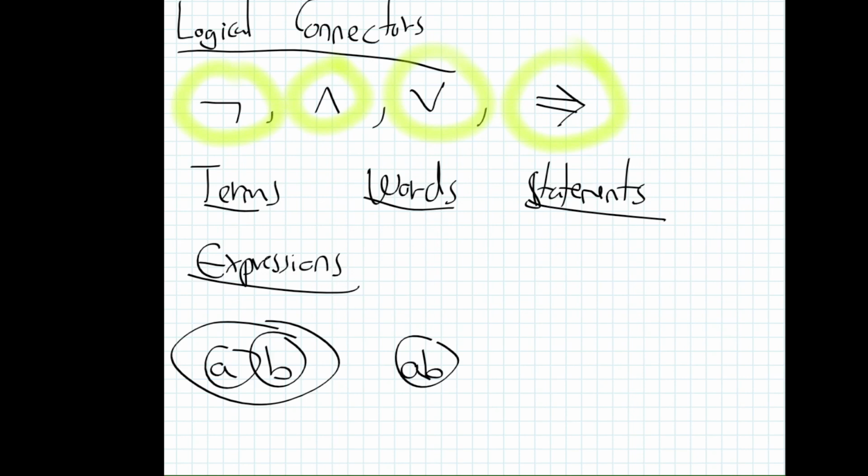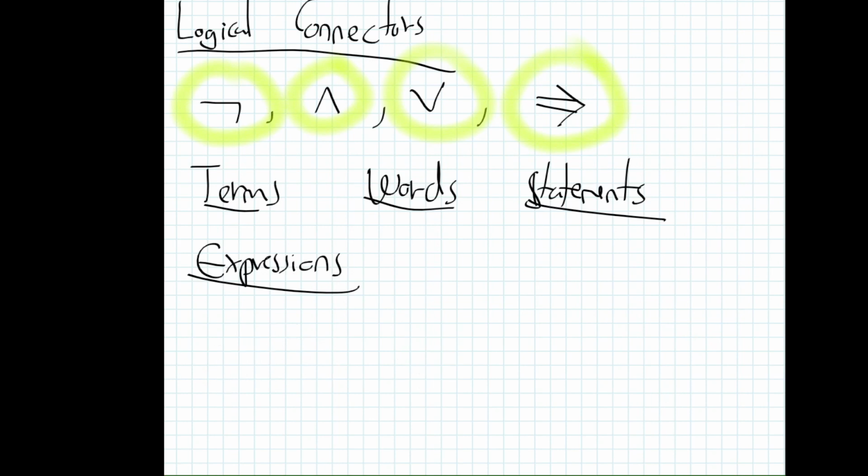Statements are going to be defined later, but essentially it's just determining Boolean expressions like A, B must be true whenever something else is true, right? Anyways, we'll talk about that later. For now, and expressions, we'll talk about them in a second as well.